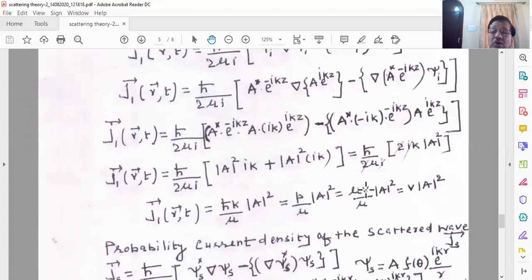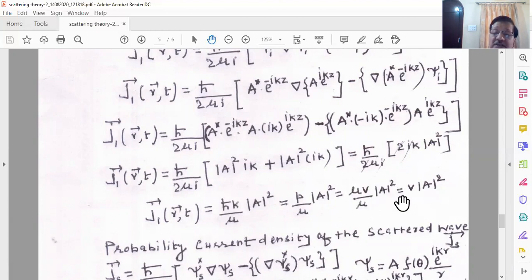Please remember all the particles are identical. They are monoenergetic. They are moving along the same direction, the z direction. Their velocity is the same, so this velocity is v. So μ into v upon μ, times mod of A square.